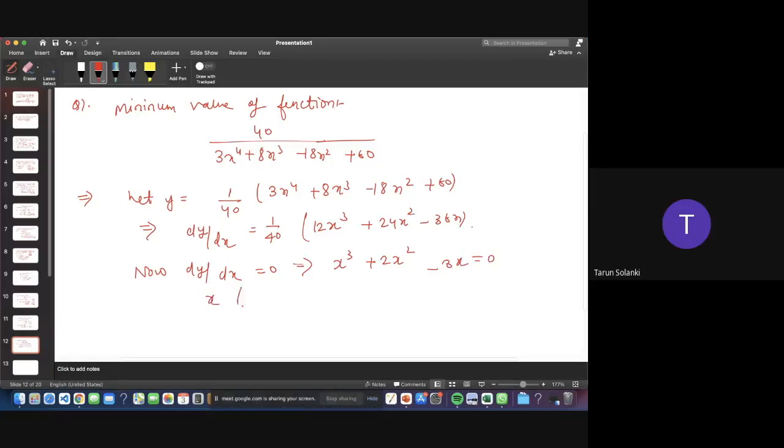So x of (x minus 1) and (x plus 3) equals 0. So this is 1 and minus 3, right? So we can say at x equals 0, d square y upon dx square is equal to minus 36, less than 0.